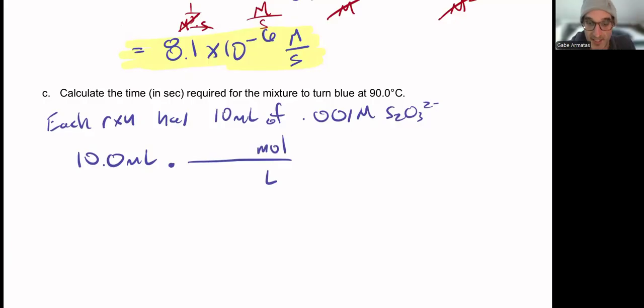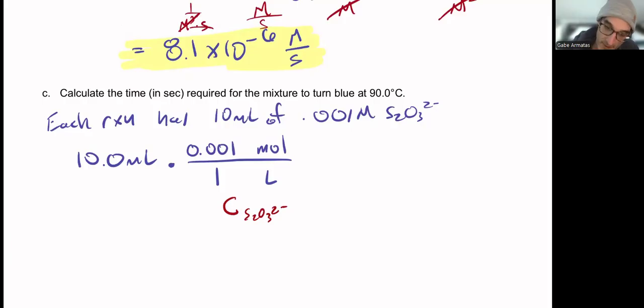Now, these are not going to cancel out. This is a little bit of a trick. Let me plug the numbers in first, and then I'll show you the trick. 0.001 moles per 1 liter, right? So 0.001 molar is the concentration of my S2O3 2 minus. Well, if I do the same prefix for both, it's going to be the same ratio.